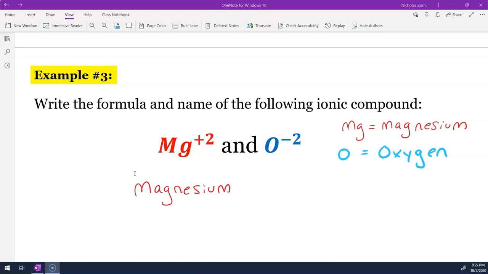And instead of it being oxygenide, how would you even pronounce that? That sounds awful. So oxygen's kind of a goofy one. When we change the ending, it's going to be oxide. So we drop the whole YGEN and replace that with IDE. So magnesium oxide. When we go to write out our formula, we have a charge of +2 and -2, so it'll just be MgO.